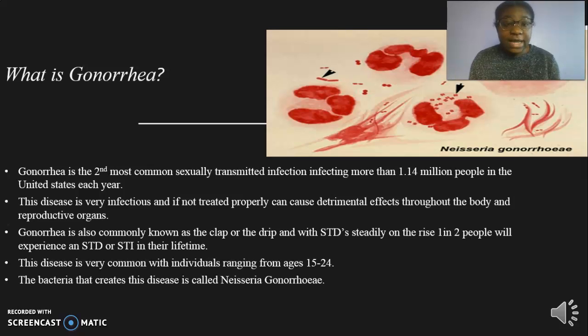So what is gonorrhea? Gonorrhea is the second most common sexually transmitted disease and affects about 1.14 million people each year, which is a lot of people. This disease can be spread easily through sexual contact, and it's very infectious.